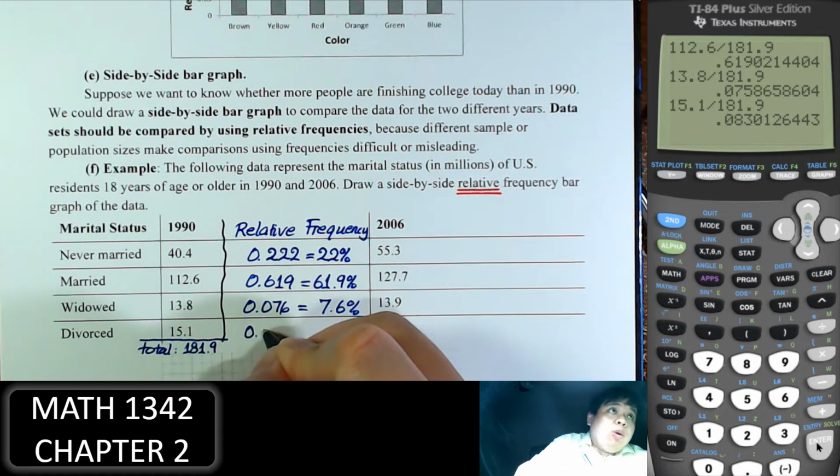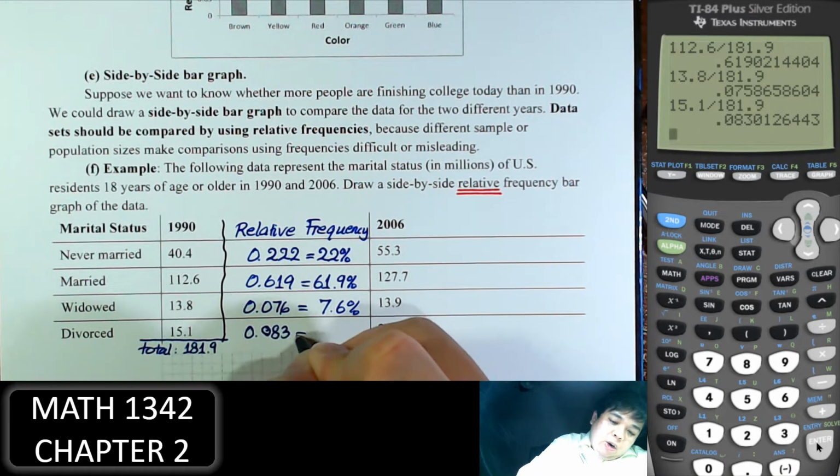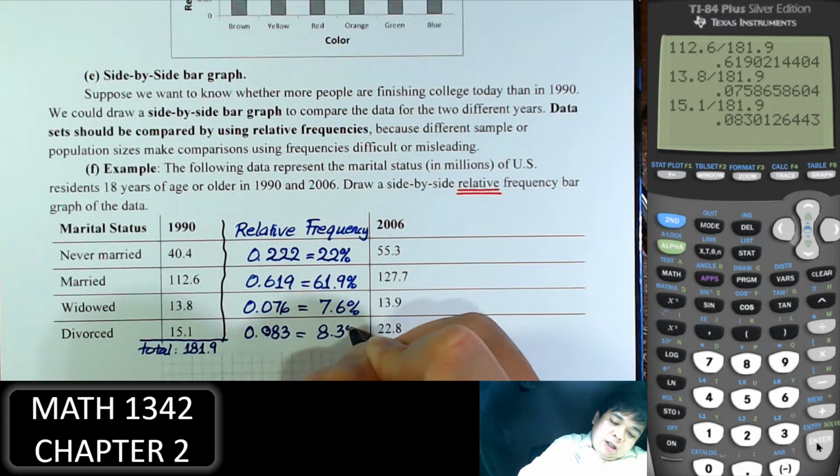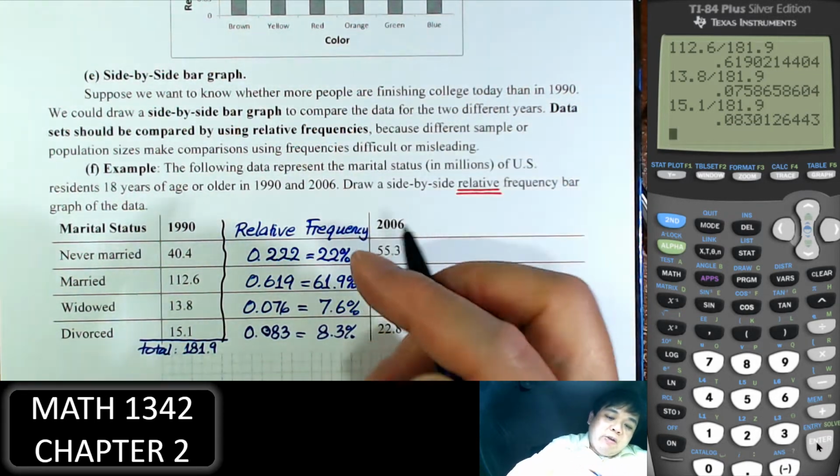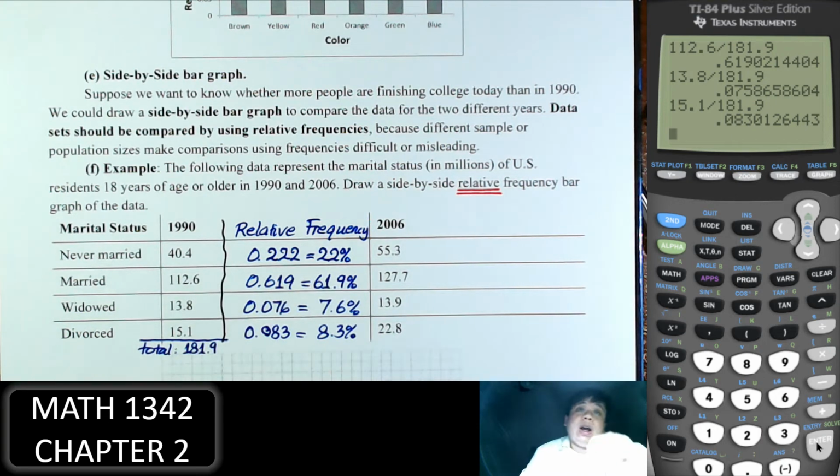We have 0.083 or 8.3%. Of course, we can verify by adding all of this up. That should be 100%.